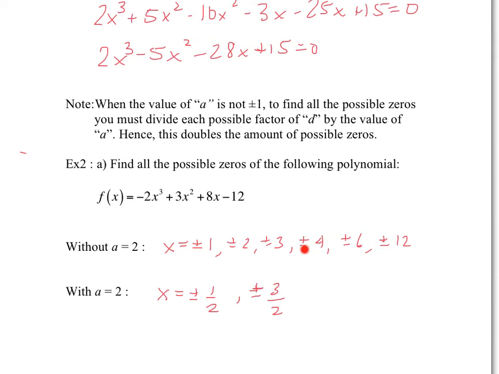Okay? You take 4 divided by 2, you get 2. We already counted that one. 6 divided by 2, you get 3. We already counted that one. And 12 divided by 2 is 6, which we also have. So by adding this 2 in the mix, you've added these as possible zeros to the original lineup.